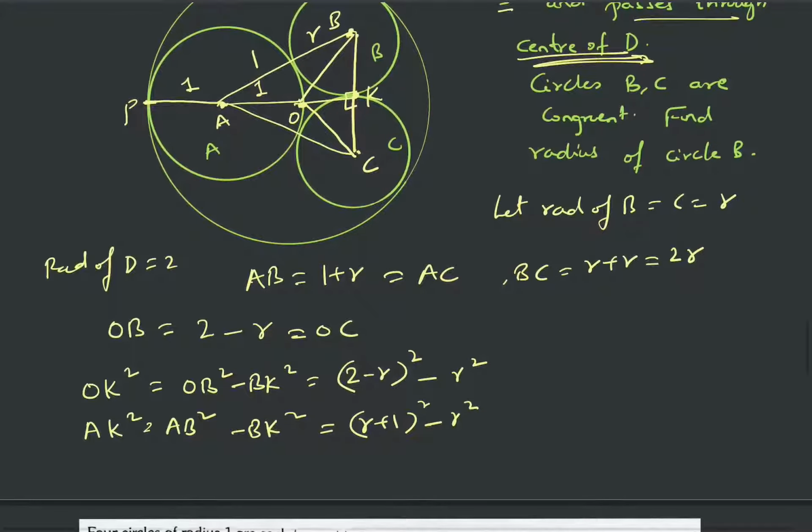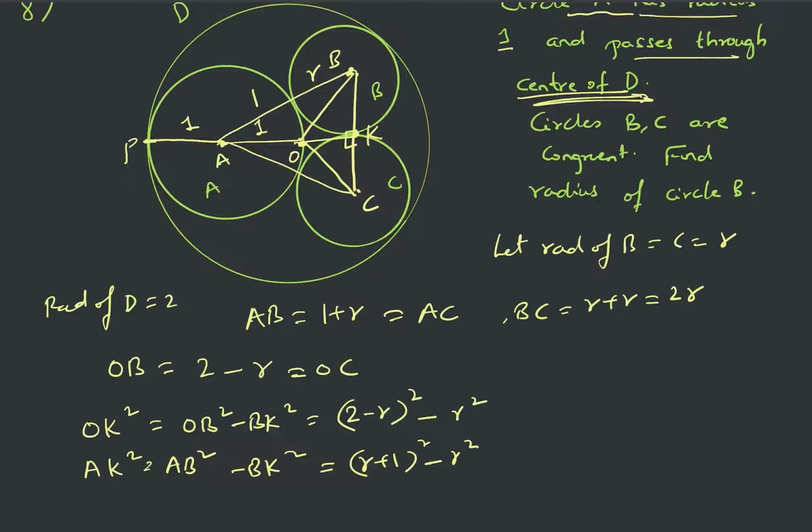Fine. But you know that AK is nothing but 1 plus OK, right? AK is 1 plus OK. So AK you can write it as square root of R square plus 2R plus 1 minus R square. Square root of 2R plus 1, this is AK, which is 1 plus OK.